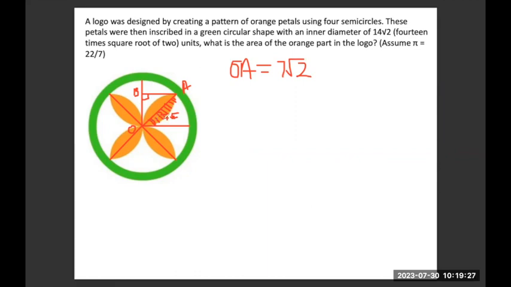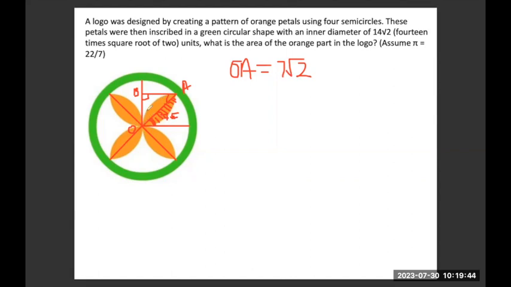Now I have established that this angle, because it is bisecting 90 degree, that angle will be 45. So if that angle is 45, which means this angle is also 45 degree.